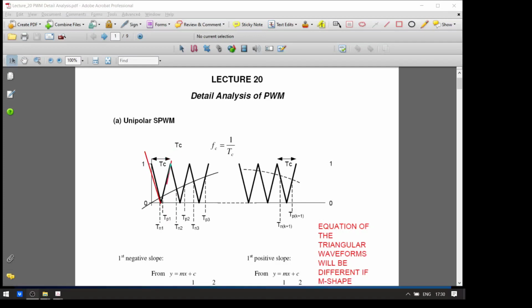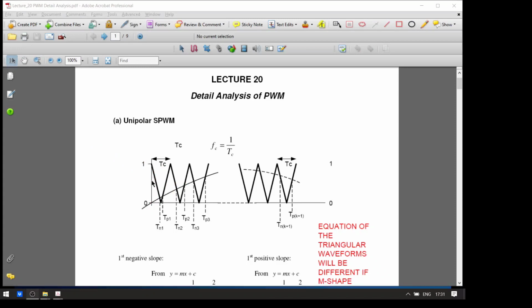We can also have the M type, whereby it starts with 0. So you can also have this type of PWM, and therefore you will have a different line equation for each line for the M shape PWM. Never mind, we start with a unipolar SPWM, and we assume this is W shape first.